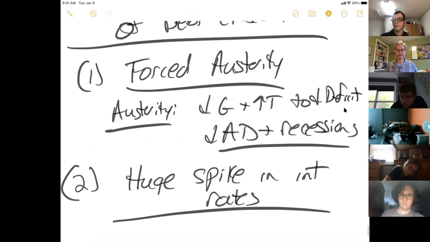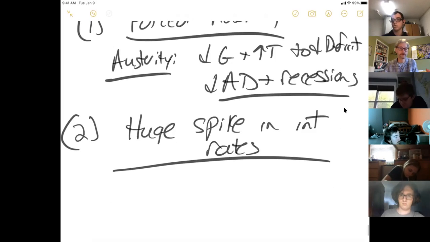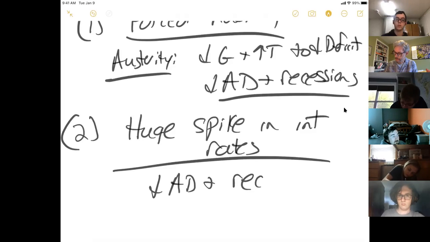Usually a country is going to experience huge spikes in interest rates. It's going to be a lot more difficult, not just for the government to borrow, but for anybody to borrow. This will also reduce aggregate demand and worsen the recession.